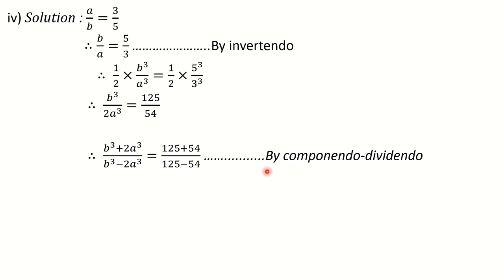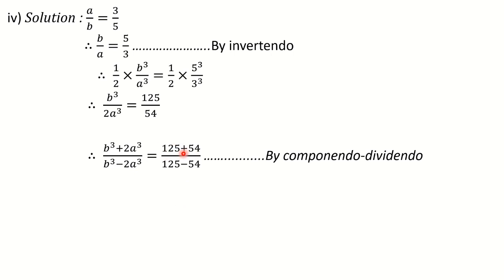Don't forget to write down the reason, by componendo dividendo. And don't forget to do this operation on both the sides. We simply cannot do it on one side. In a hurry, you might write down 125 upon 54 as it is here, but don't do that. Do the operation on both the sides.